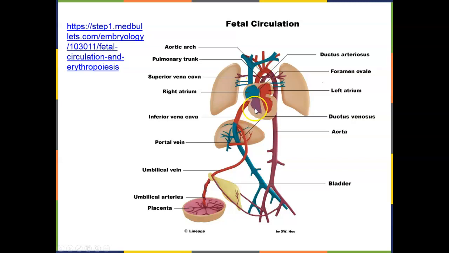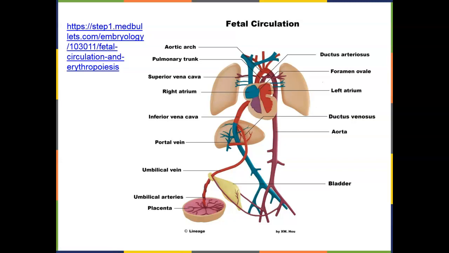Any blood that does move into the right ventricle and out into the pulmonary trunk, some will go through the pulmonary arteries to the lungs, but the lungs are non-functional. The lungs are the last organ to really become functional, to mature.